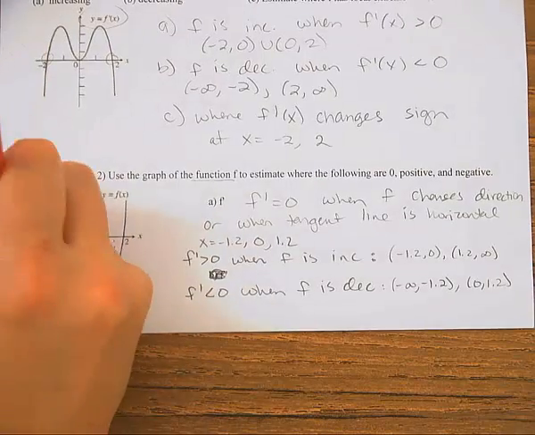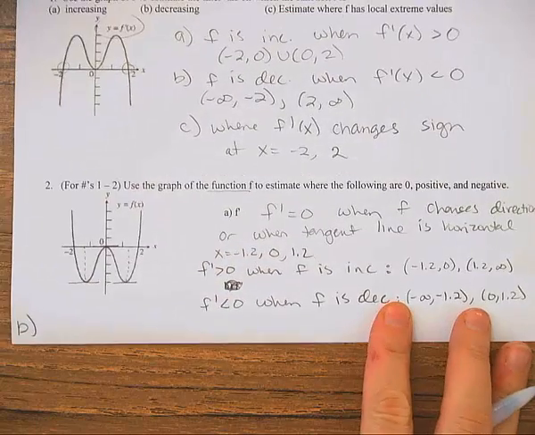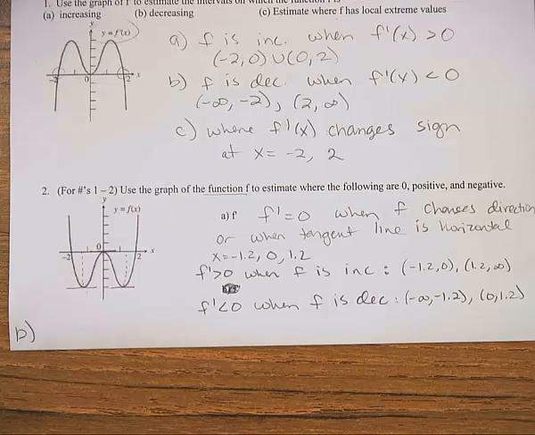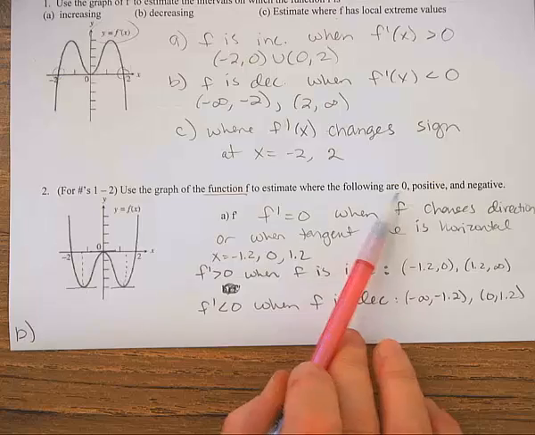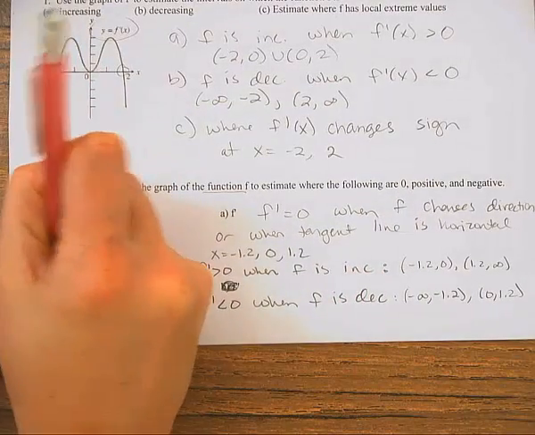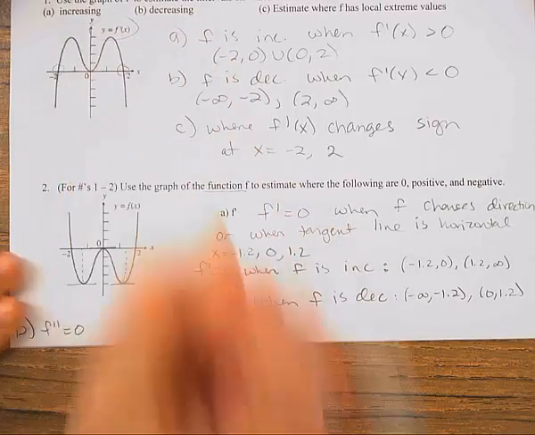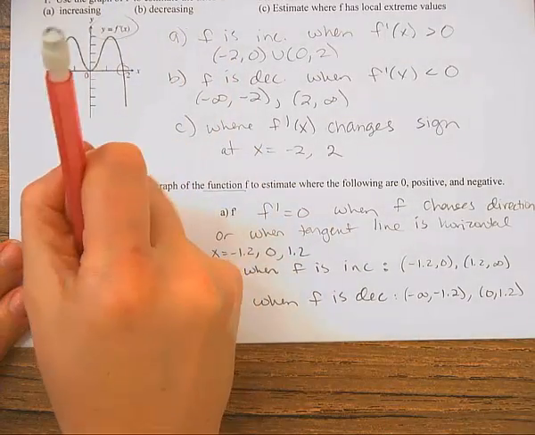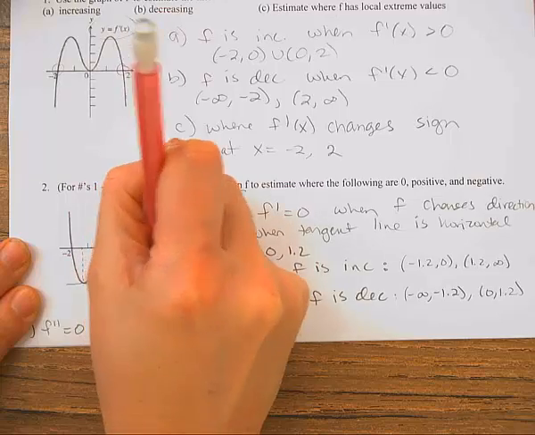Then for part B, the second derivative will be 0 when the concavity changes. So f double prime is 0 at the points of inflection, or where the concavity changes.